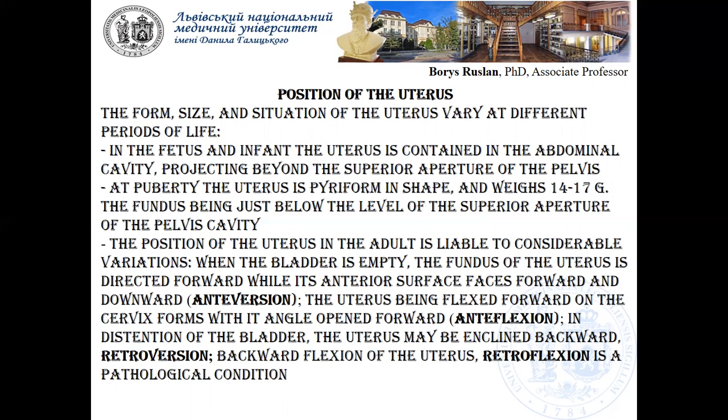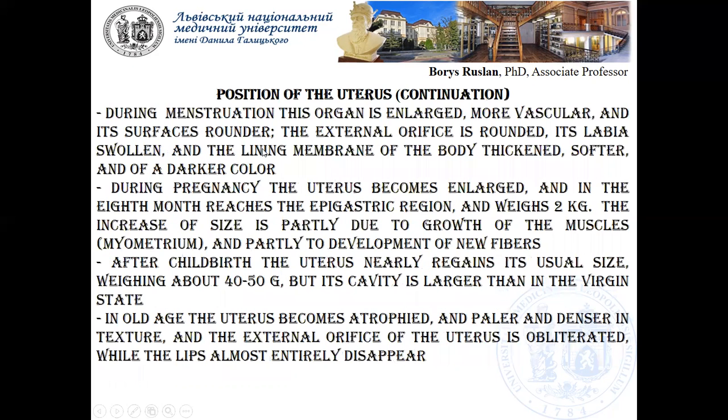Anteversion: the uterus being flexed forward at the cervix, forming an angle open forward, is anteflexion. With distension of the bladder, the uterus may be inclined backward, retroversion. Backward flexion of the uterus, retroflexion, is a pathological condition. Another situation, another piece of information, form and location.